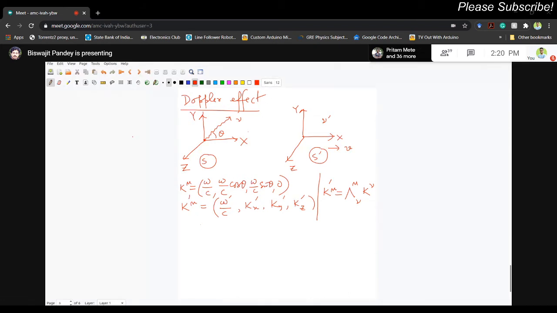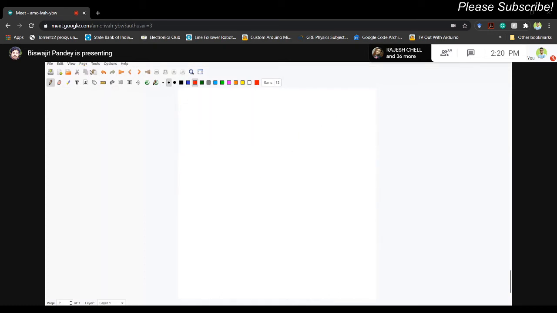Again, let me just go to the other page. Okay, so I'm writing the four vector in the, say, prime frame, which is omega prime by c, the energy component. Then we have the spatial components kx prime, ky prime, kz prime, right? And we want to connect the two by applying a Lorentz transformation. And what is the Lorentz transformation in this case? It is straightforward. We're moving in the x direction with velocity v.